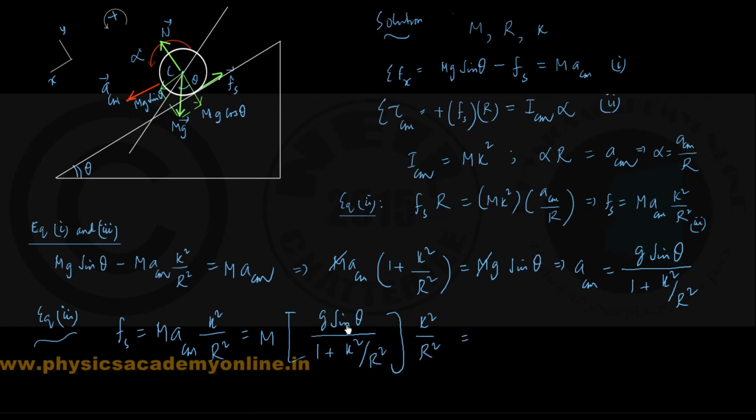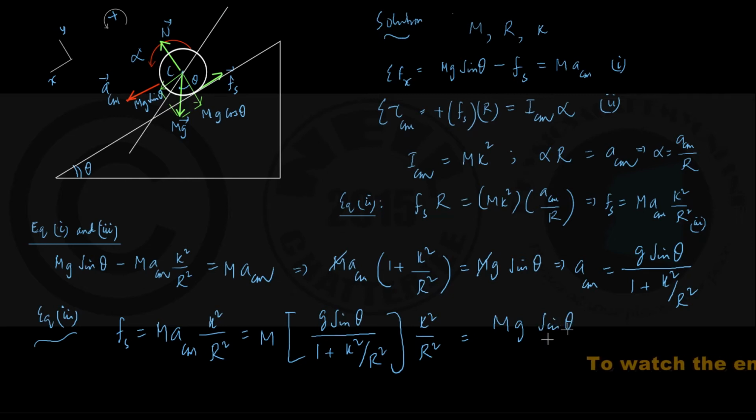Dividing both numerator and denominator by k square by r square, we get, you can check it yourself, mg sine theta divided by 1 plus r square by k square.